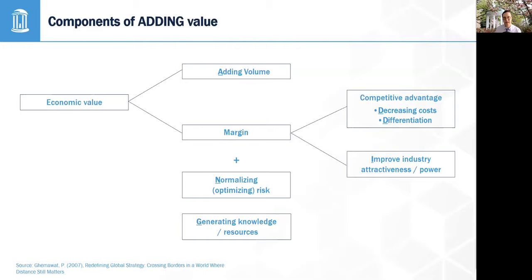If you're increasing concentration in your industry at the global level, and that reduces pricing competition, if it's a global market for whatever product it is you're selling, say it's computers or software, which tend to be pretty global markets, then you can improve the industry attractiveness by increasing your global scope.